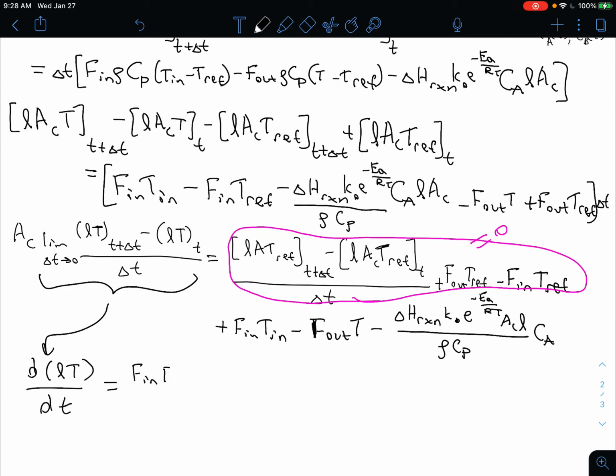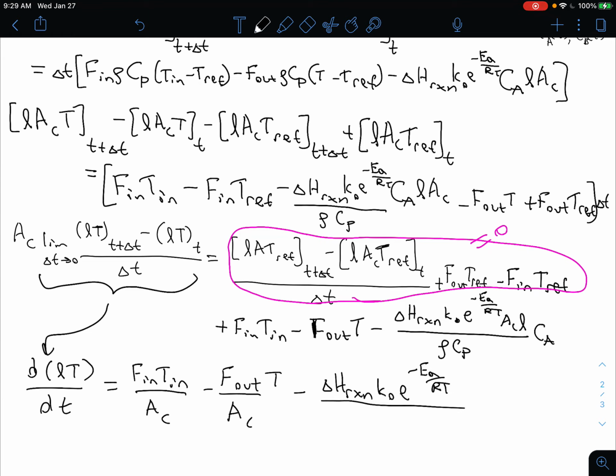So this is going to be equal to F in T in over A_c, minus F out T over A_c, and then minus delta H reaction k naught e to the minus Ea over RT, over rho Cp times L C_A. I hate writing out that term. Yes, I divided by A_c, which is why this goes away.